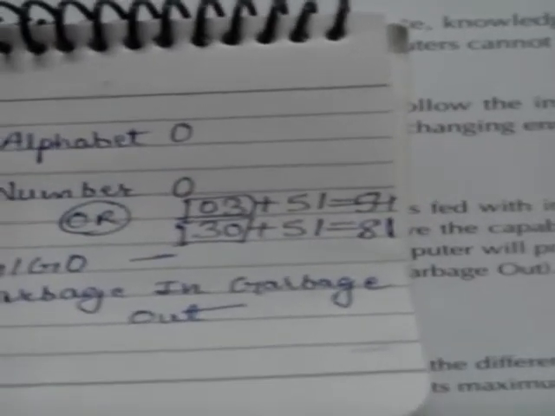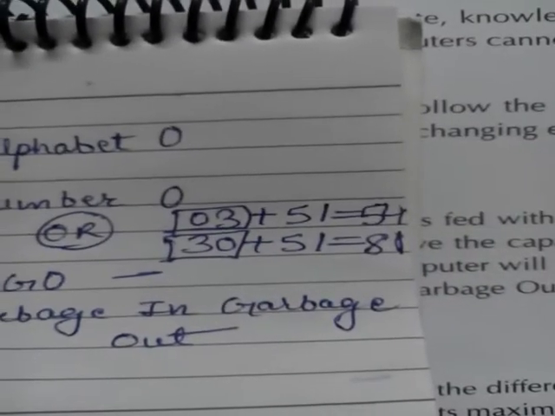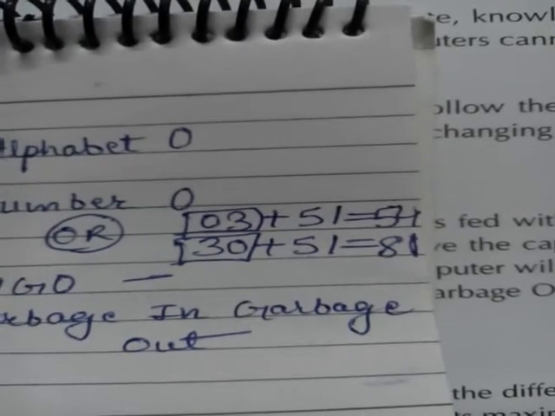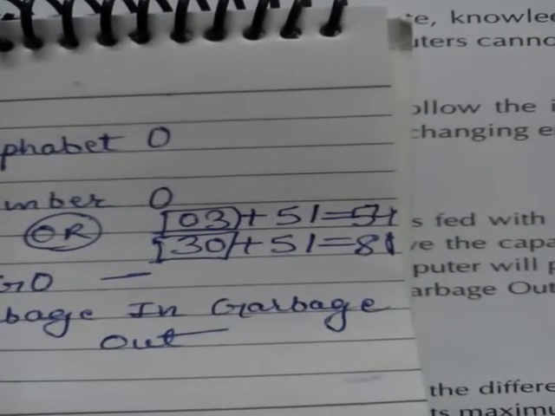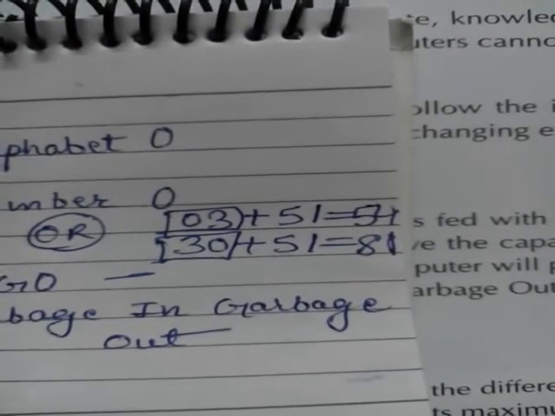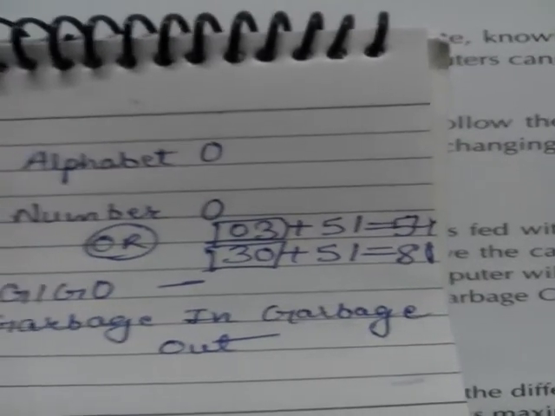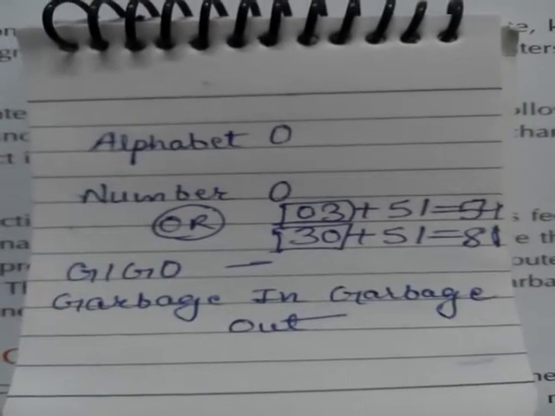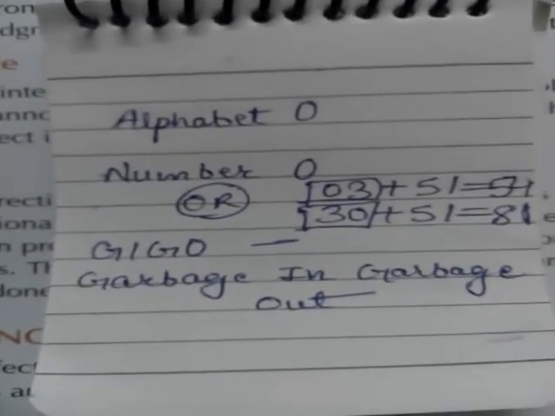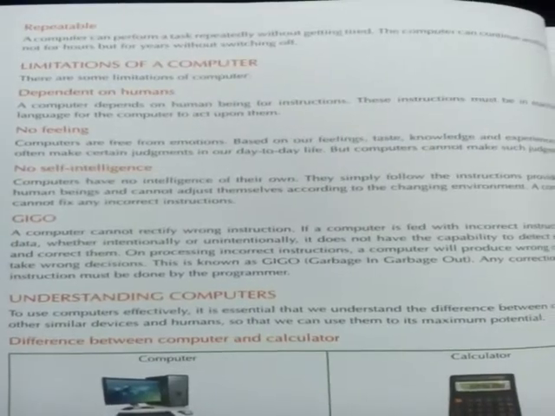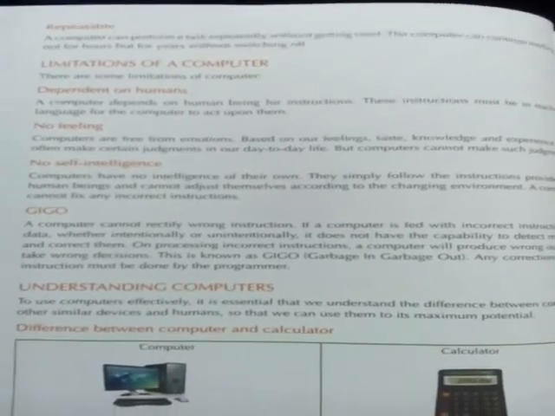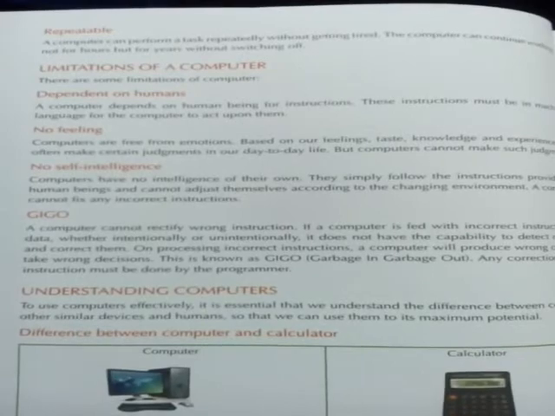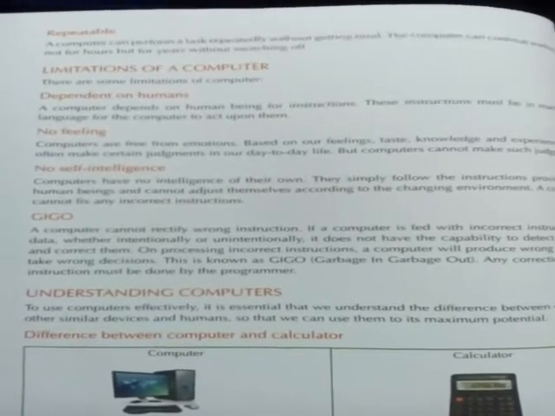Or we can also say, instead of pressing 03, the person enters 30. So it gives a result, but it is not correct. In garbage in, garbage out, it is going to produce wrong output due to wrongly taken decisions or wrongly given instructions.